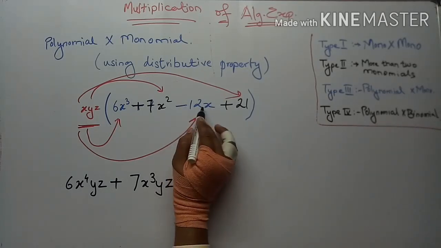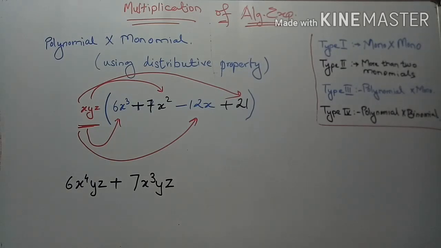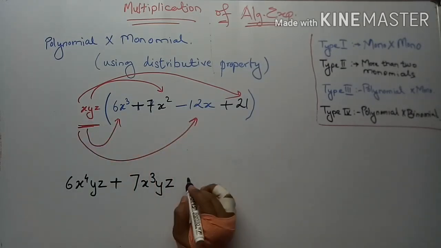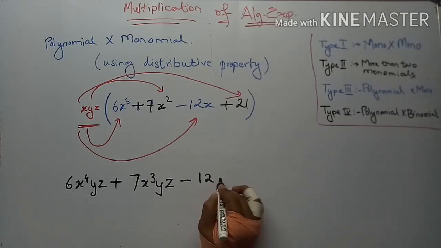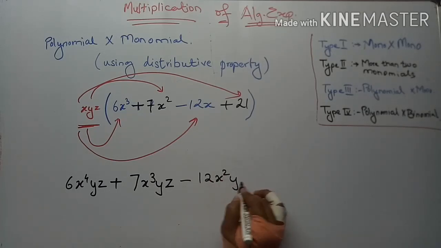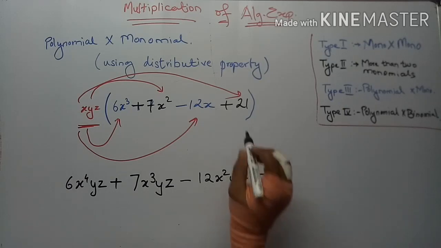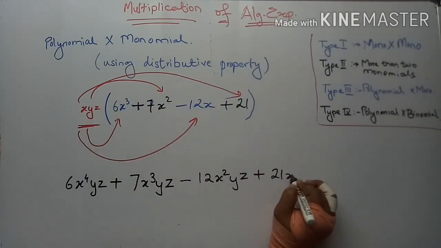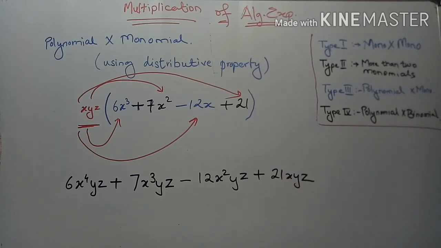So this sign goes with this term, this sign goes with this term. So minus 12x into xyz will give you minus 12x square yz plus 21 into xyz will give you 21xyz. So this is your final answer.